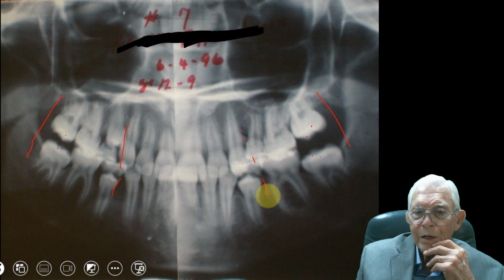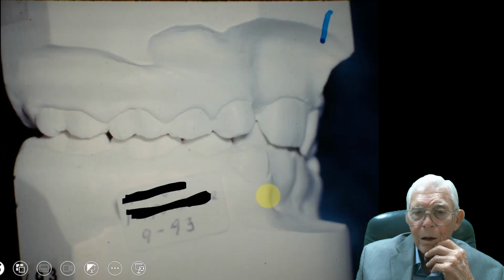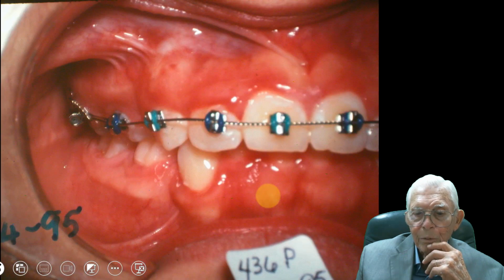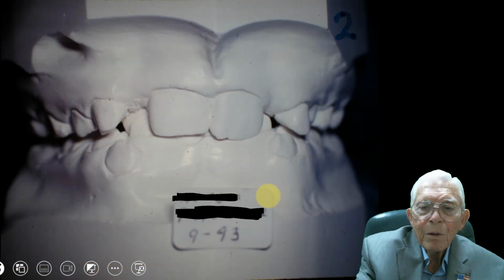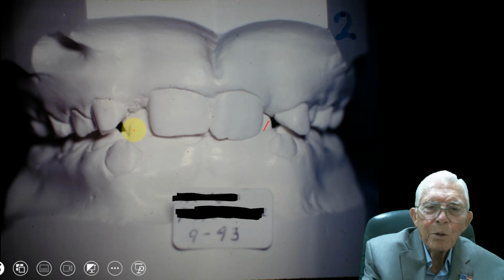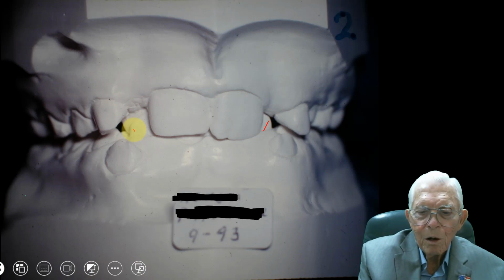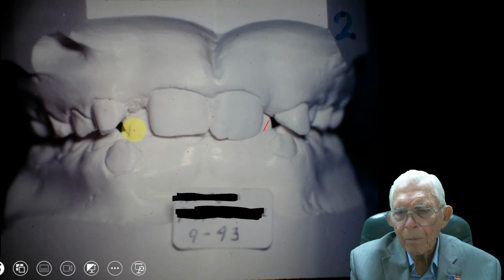She's 12 and 9 there. Over here, I don't have her age, but we'll see. Now this is '95, and we've jumped the bite, brought the lateral teeth out. She had them back in here. So you look at this case over a period of time.